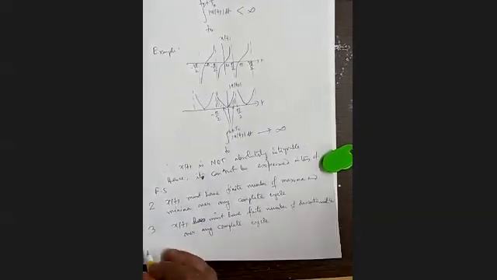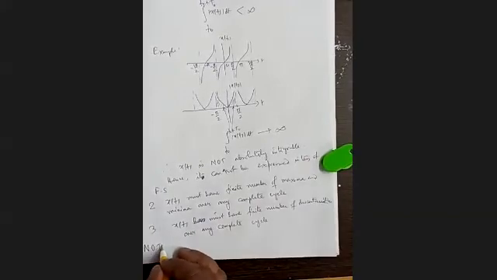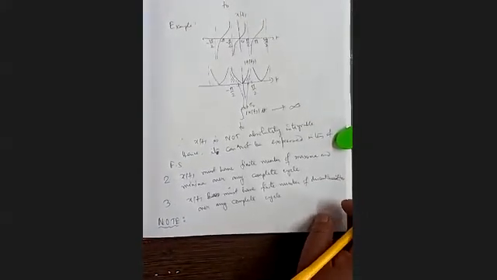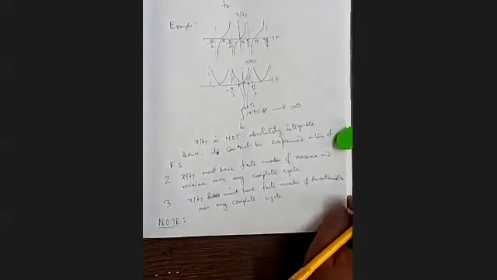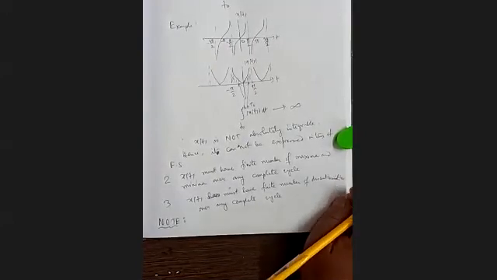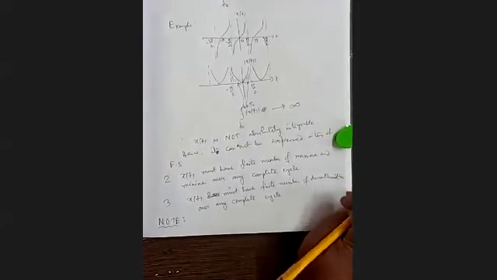Now, a final note: if there is any discontinuity at t equal to alpha for the signal x(t), and we express its Fourier series, the Fourier series does not show the discontinuity of the original signal.